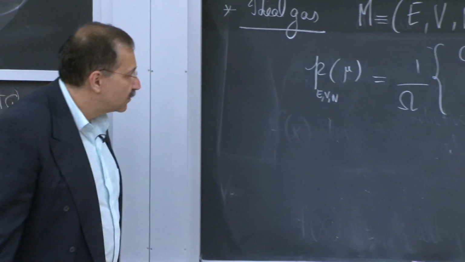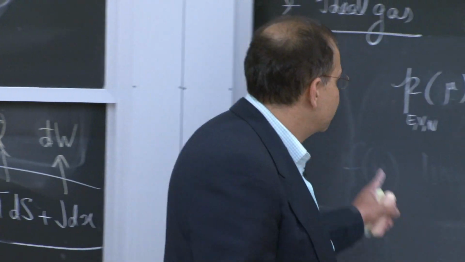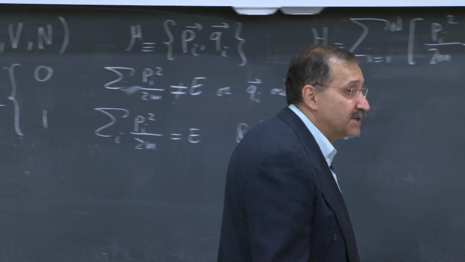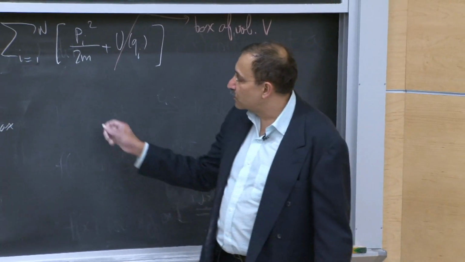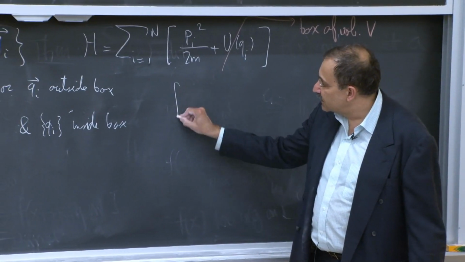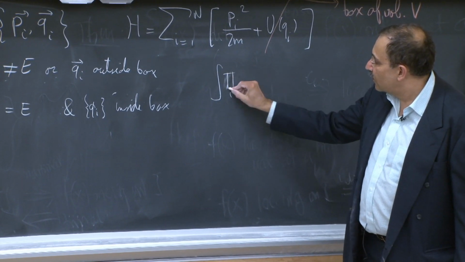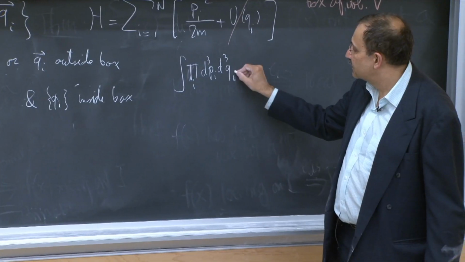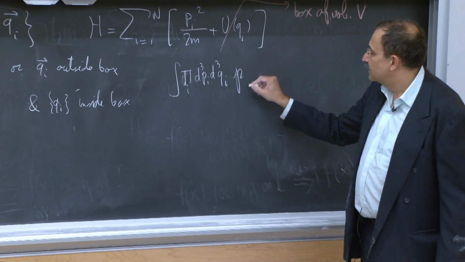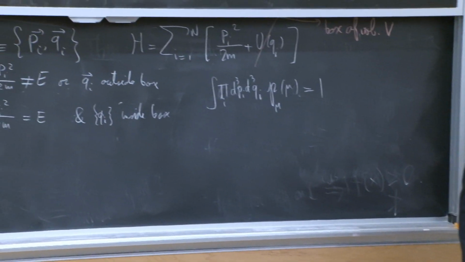A note about normalization. I kind of skipped on this over the last one. P is a probability in this 6N dimensional phase space. So the normalization is that the integral over all of the p_i's and q_i's should be equal to 1.